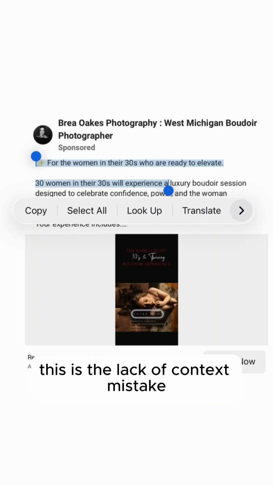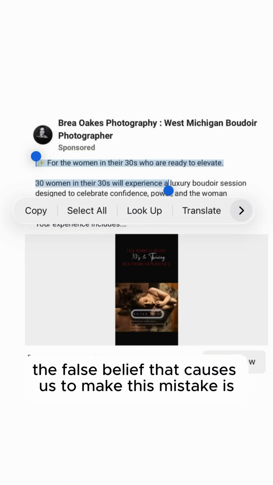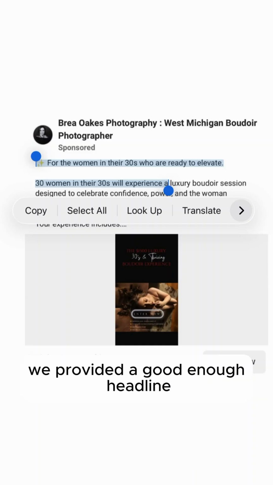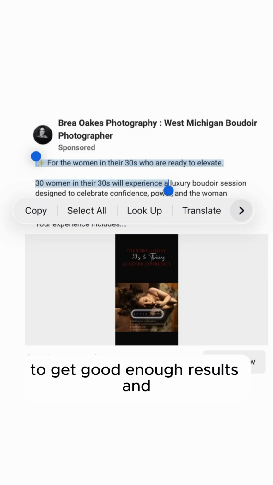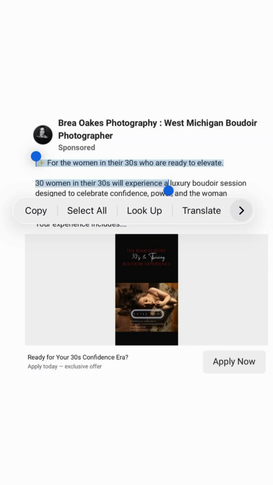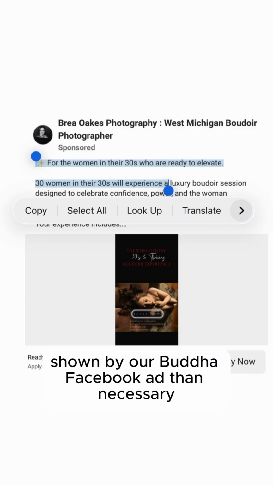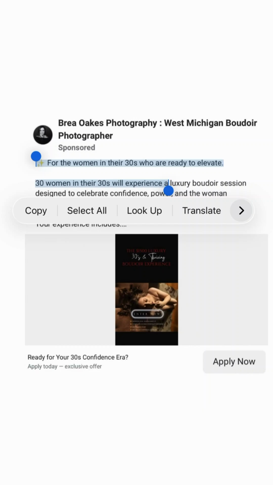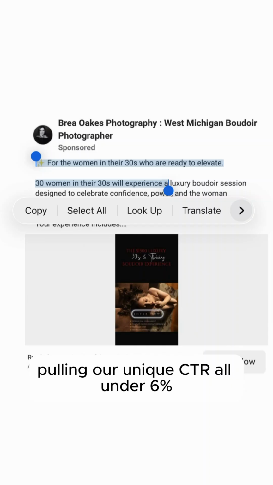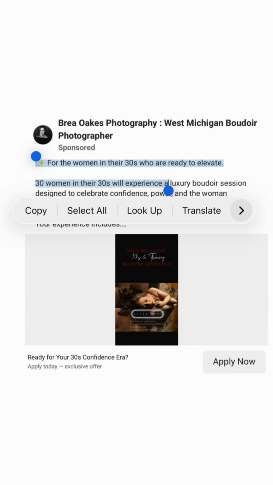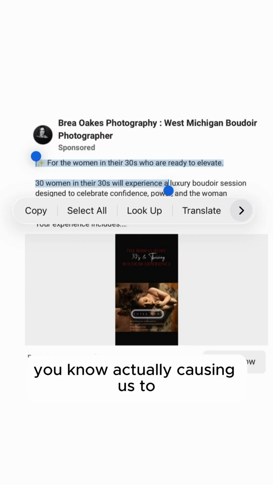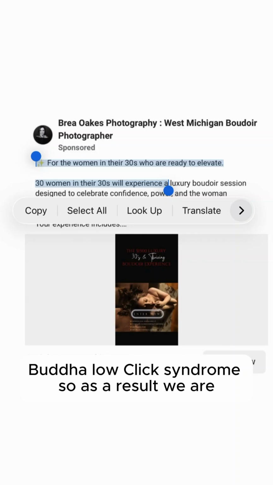Yeah, this is the lack of context mistake. The false belief that causes us to make this mistake is we believe we provide a good enough headline to get good enough results, and it's kind of similar to what everyone else is doing. But the consequence of this is way more women are scrolling by our Boudoir Facebook ad than necessary, pulling our unique CTR under 6% and causing a higher probability of having BLCS, Boudoir low click syndrome.